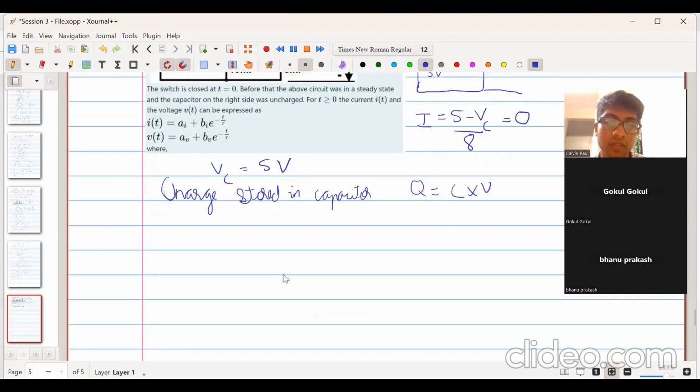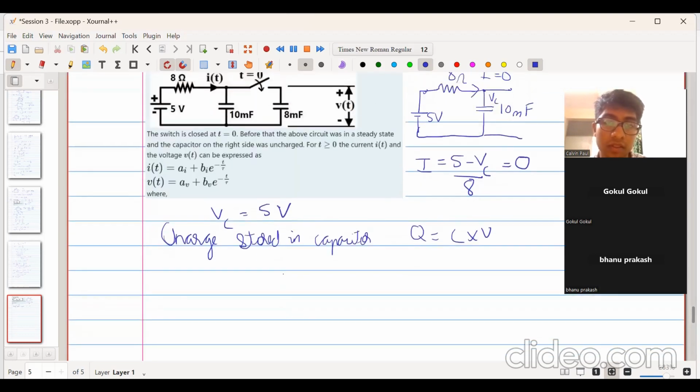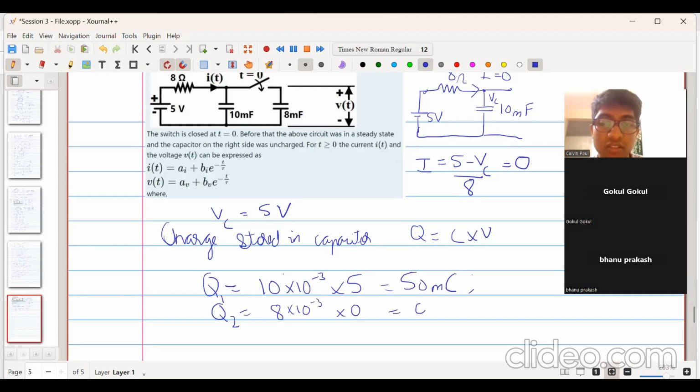So the charge stored in the left hand side capacitor is equal to 10 into 10 to the power minus 3 into 5, that is equal to 50 millicoulomb. Similarly, the charge stored in the second capacitor will be equal to 8 into 10 to the power minus 3 into 0, that is 0.